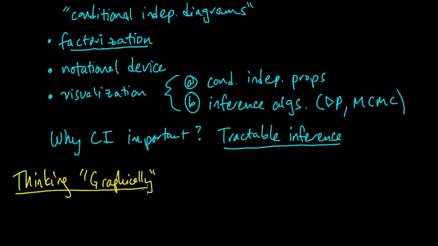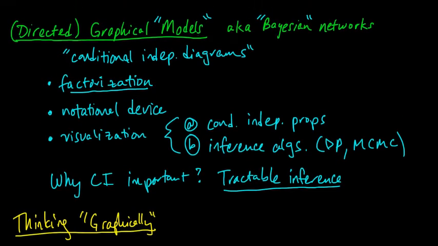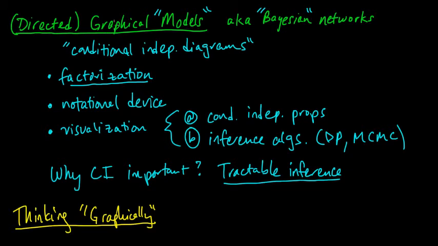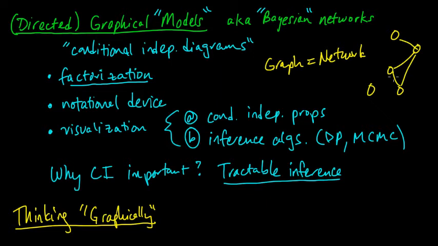And what I mean by graphically here, of course, I've been talking about graphical models and graphs, and by a graph I mean a graph in the mathematical sense, which is colloquially called a network. A network is just something like this. You have some nodes and links, people might say.